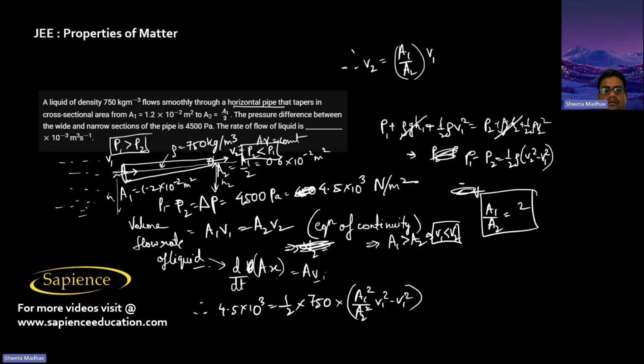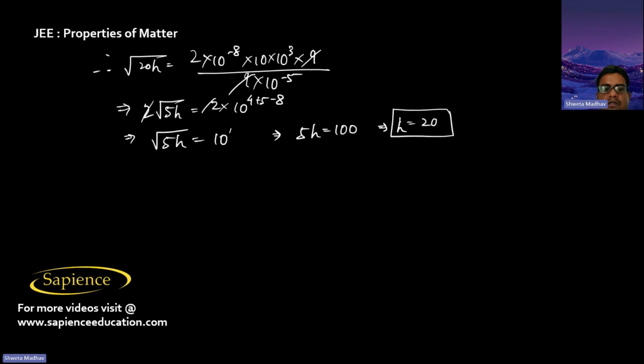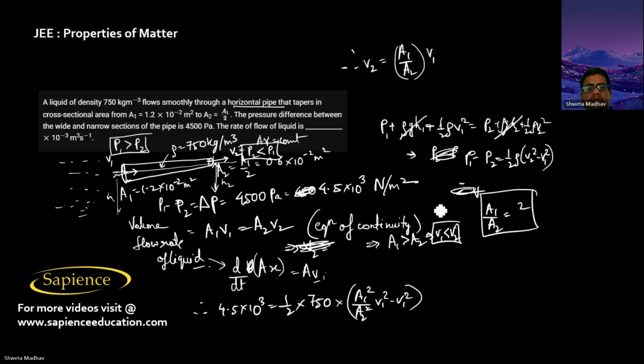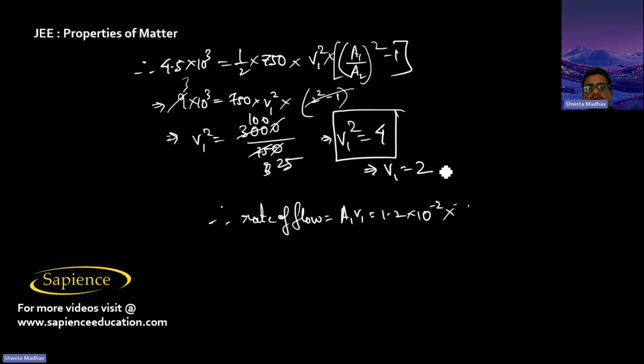So therefore, the volume flow rate, the rate of flow of the liquid, will be equal to A1 into V1. So A1, that is 1.2 into 10 power minus 2 meter square, into V1, which is 2 meter per second.